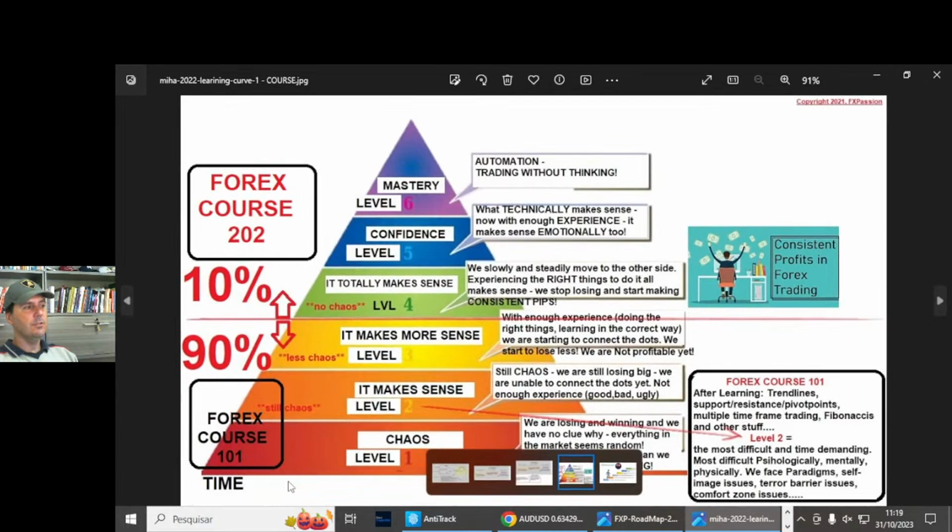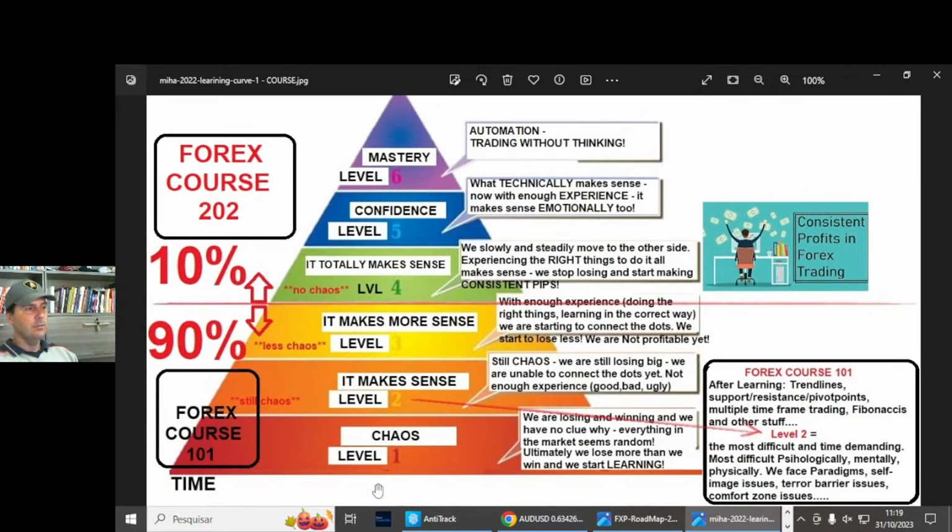This is how it goes. Forex course 101 starts with chaos, right? You have no idea what you're doing, me and you, we're all the same, don't worry. So, number one, and this is the separating line between the 90% of the world population who lose and the 10% who potentially make it, everybody. So level 1, we are losing and winning and we have no clue why.